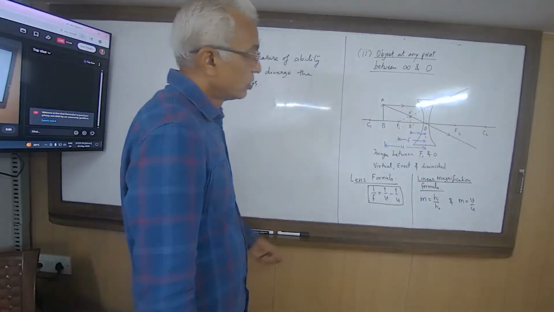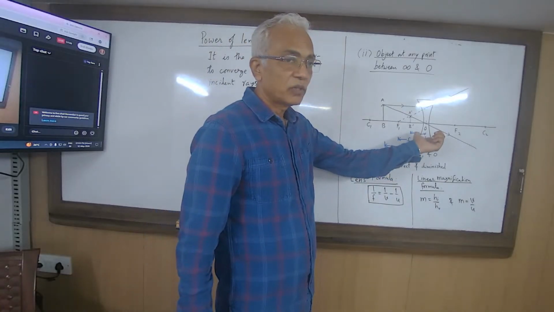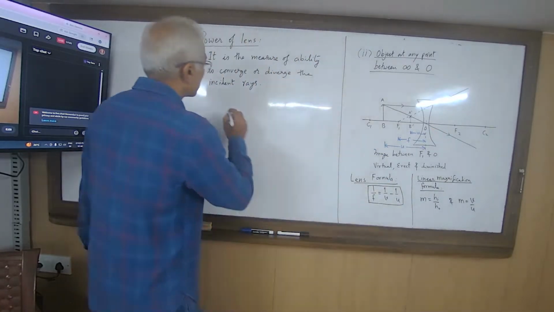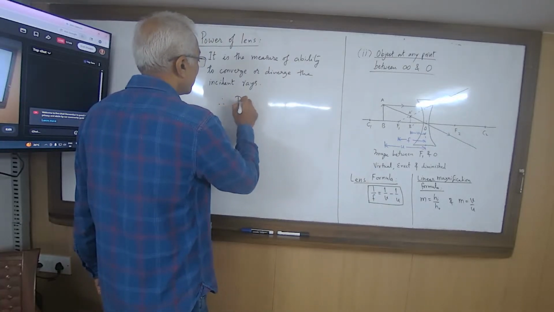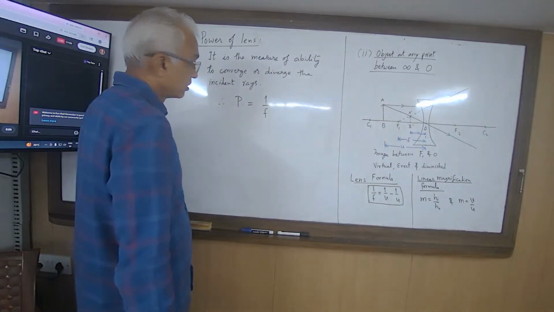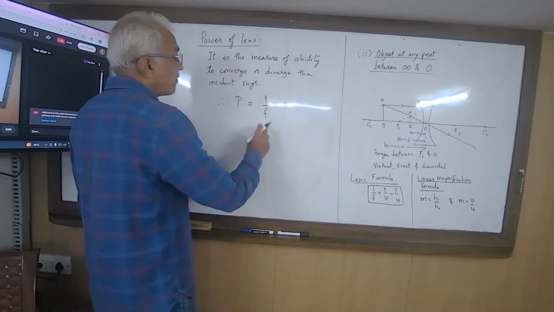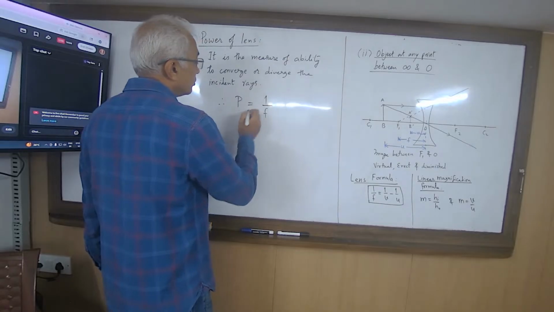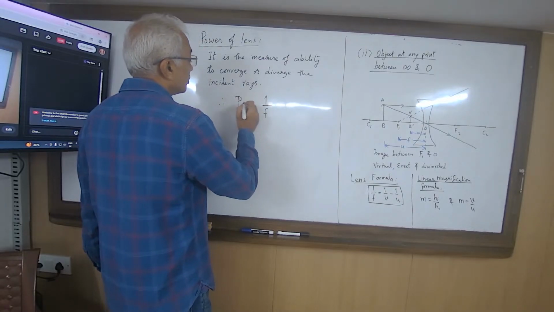So which lens has more power? The one with shorter focal length, right? Therefore, power is defined as the reciprocal of focal length. What is the unit of power?